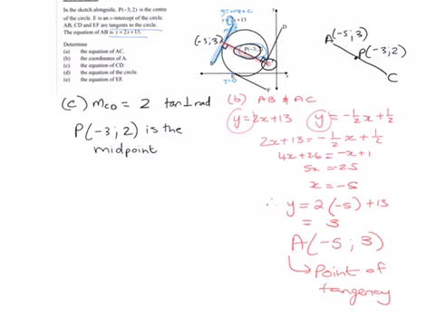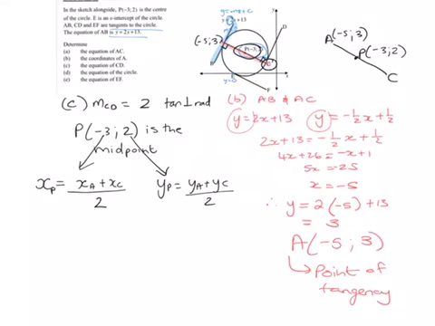So when you're given the midpoint, you split it into two separate questions. The x of your midpoint is equal to x of the point A plus x of the point C, divided by 2, and the same for the y values. So we substitute in the x of the P value, and we know the x of the A value. We're looking for the x of the C value.